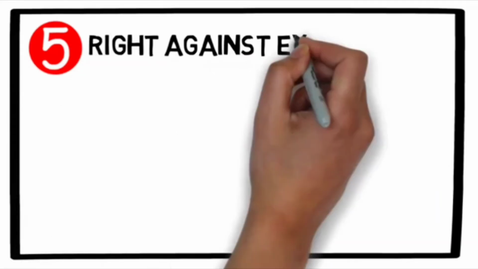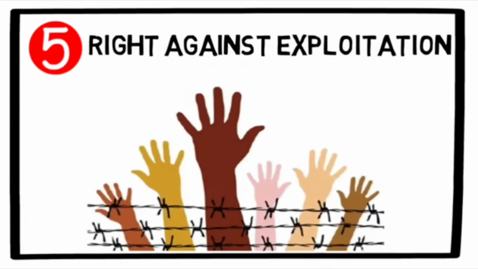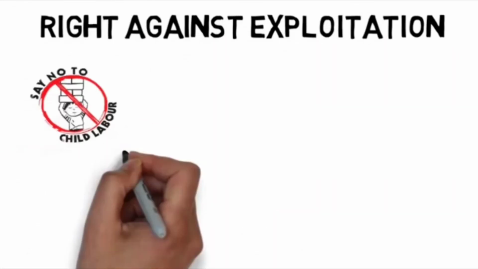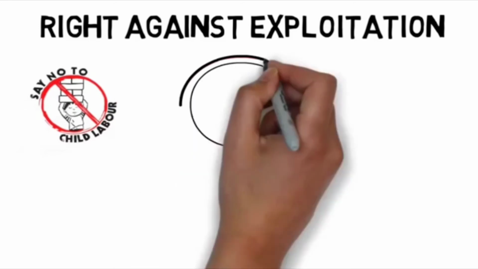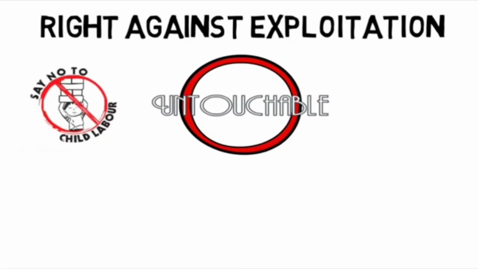The fifth fundamental right is right against exploitation. Exploitation means misuse. You must have heard that child labor is banned. We are also not allowed to humiliate anyone by calling them untouchable.